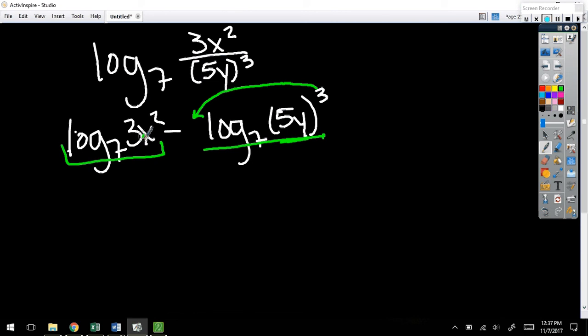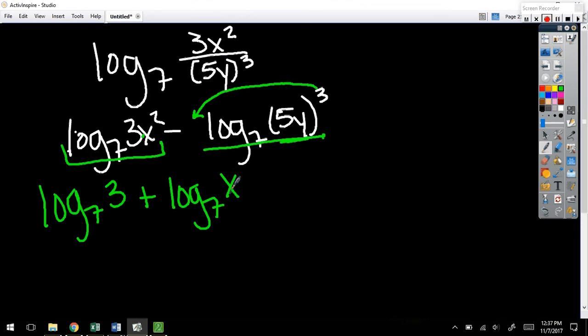All right, so here, what can we do with those two? I can add them. I can go ahead and split that up with adding. Log base 7 of 3 plus log base 7 of x squared minus, and we said we can bring that 3 on around front. You could add, right?